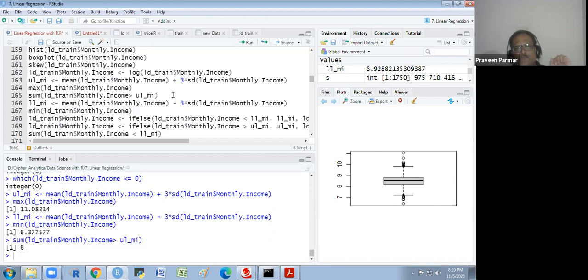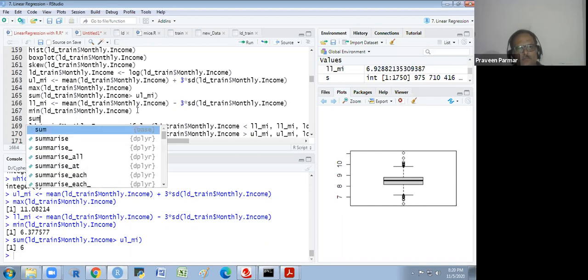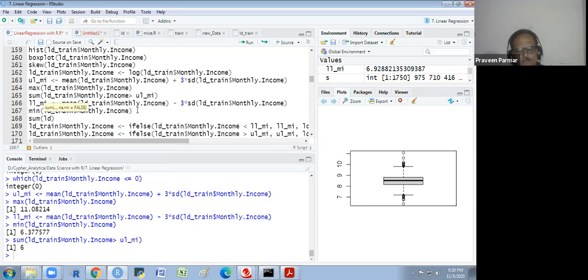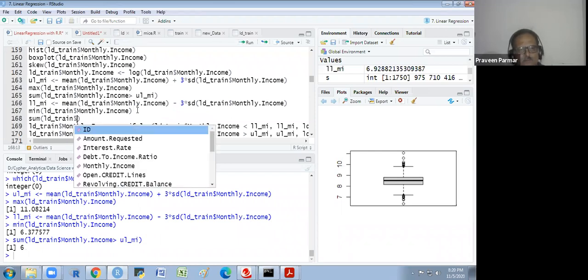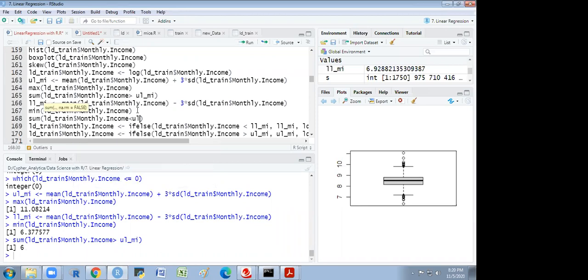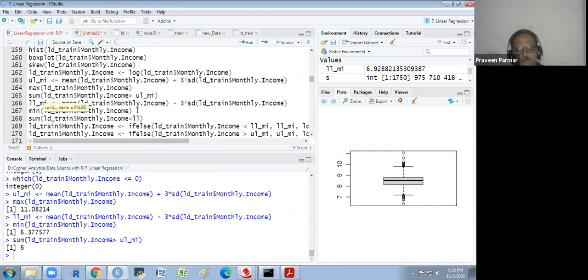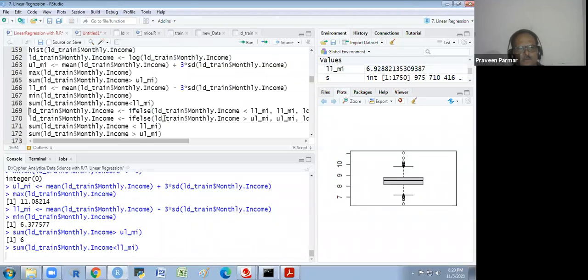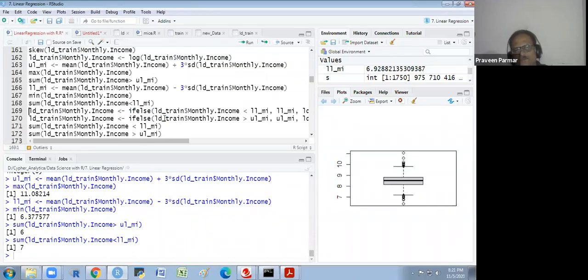There are 6 outliers. And here we also see LD$MonthlyIncome smaller than the lower limit of monthly income. We are getting 7 outliers. Got it?